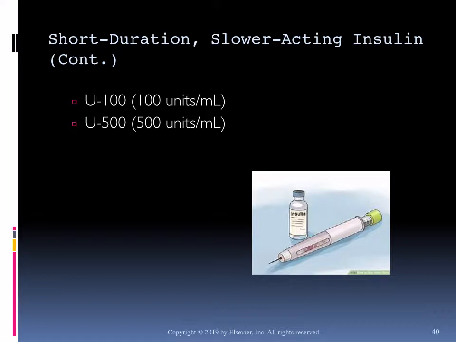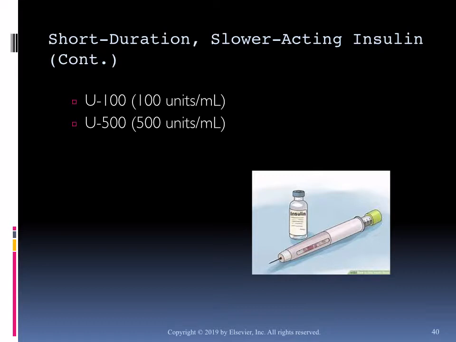Obesity has led to this insulin resistance. So this U500 is 5 times more concentrated than the U100. And so less is needed per injection, so you're not giving huge amounts subcutaneously. 1 milliliter contains about 500 units of insulin.